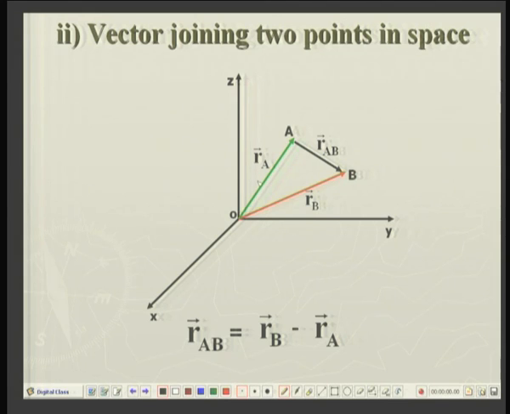Green vector plus black vector gives me the red vector, and conversely the difference between these two, R A B, is equal to R B minus R A.